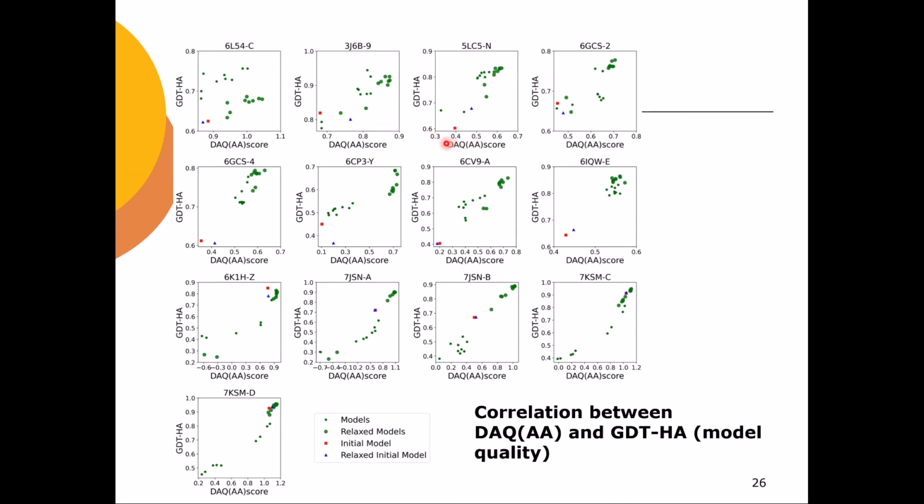And as you see, the DAQ score is able to rank the models really well. So the strategy here is that we build a lot of models with AlphaFold with different types of hacks, and then pick the one which has the highest DAQ score.